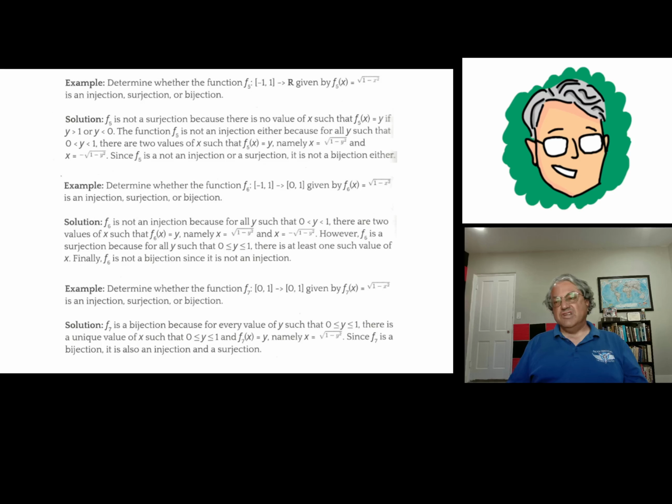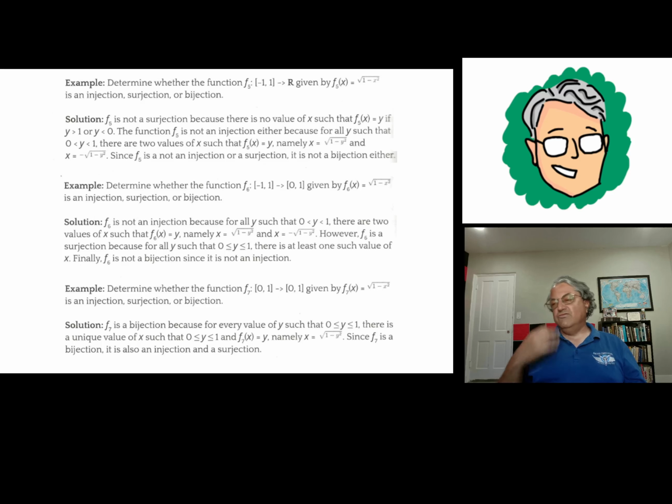I've got 3 more examples. Example 5. Now our domain is just the closed interval from -1 to 1. That means x has to be a real number between -1 and 1, possibly on the endpoints. And our range is the real numbers. And now we have the function f5 of x equals the square root of 1 minus x squared.